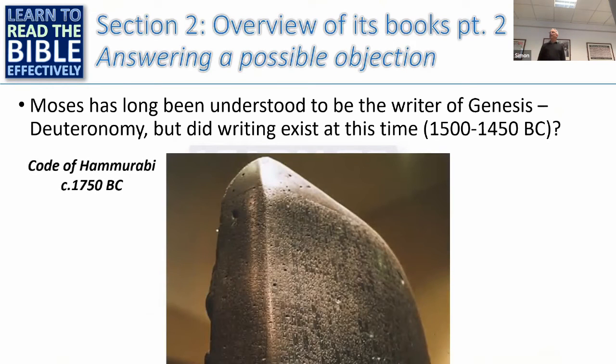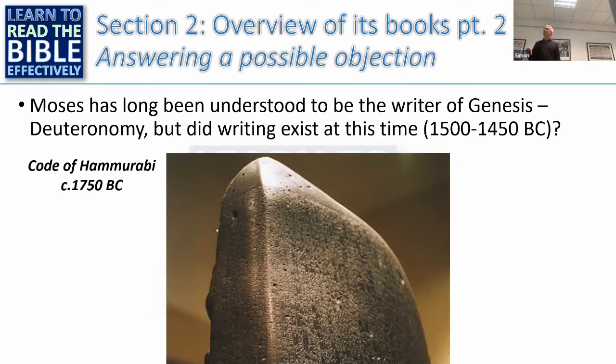Here's the Codex Hammurabi, 1750 BC. Now, it's not very distinct on your screens perhaps, but I think that's a cuneiform style, a cuneiform chiselled into that stone. It is clearly writing.